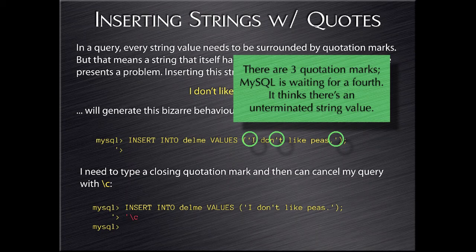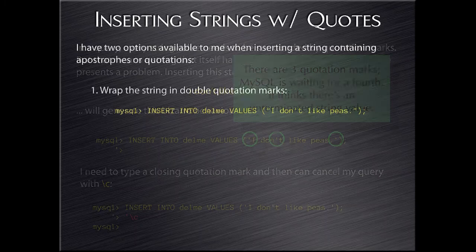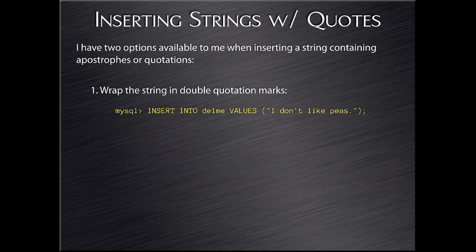That's where we're sitting. So we need to solve this problem, and there are 2 classic ways to do it. Well, here's number 1, and I'm going to tell you this is not the best way to do it, but you can do it, which is, if that apostrophe is a single quotation mark, then you just use double quotation marks on the outside, right? So inserting values double quotes, I don't like P's double quotes, problem solved.